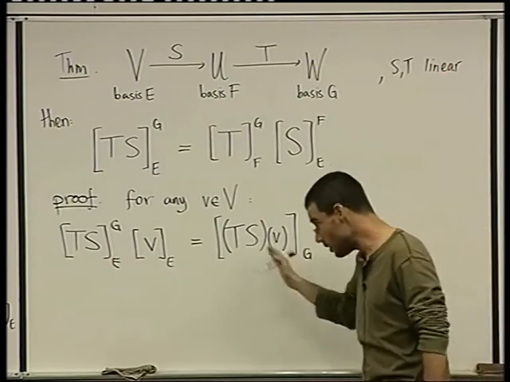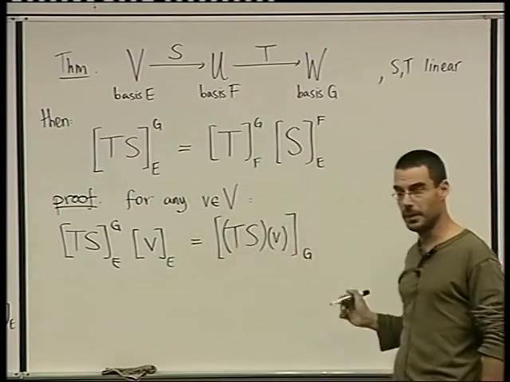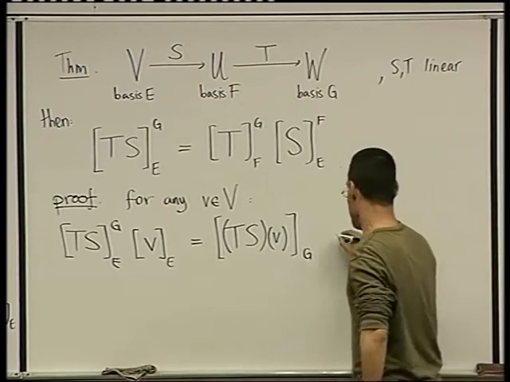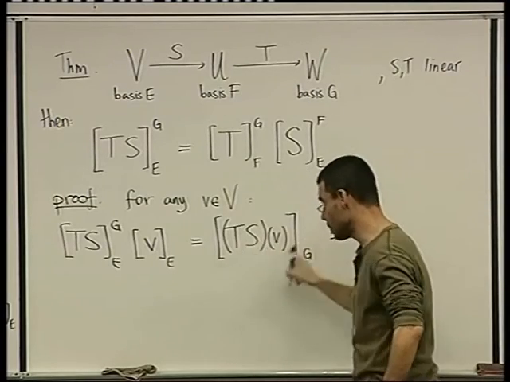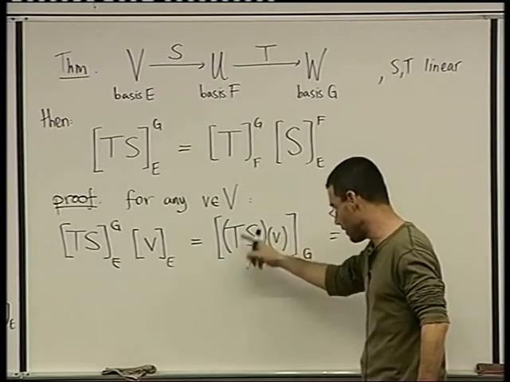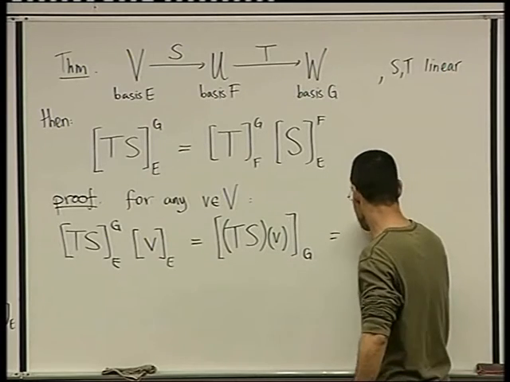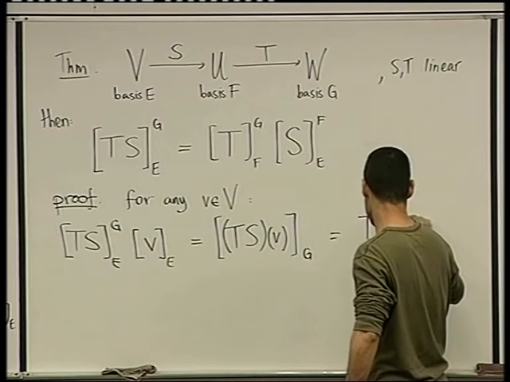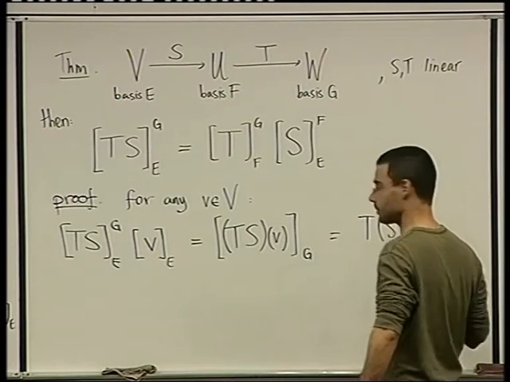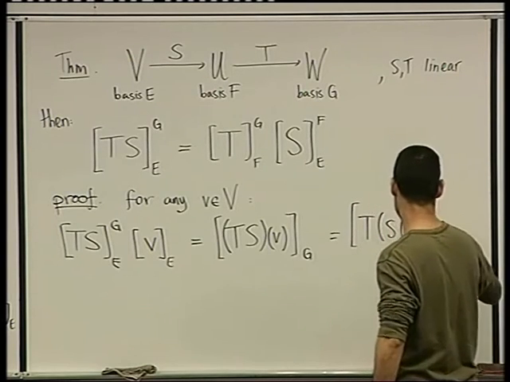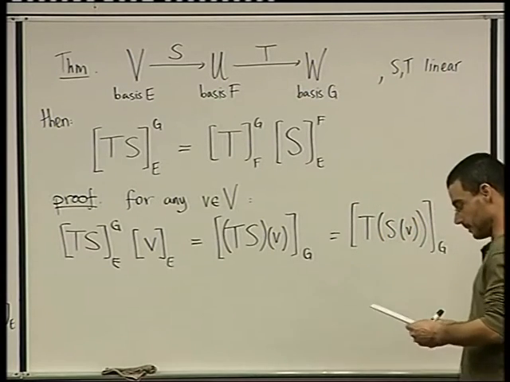So this is the theorem of what it means to be a matrix representation. Right? Okay. Now, inside here, we're in the realm of operators, of transformations. We know what TS of V is. It's T of S of V. And again, this in G. Do you agree?